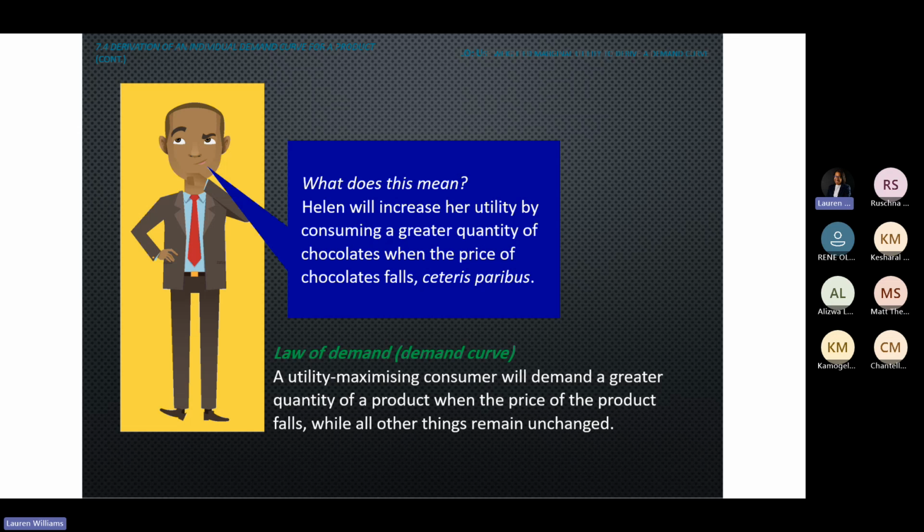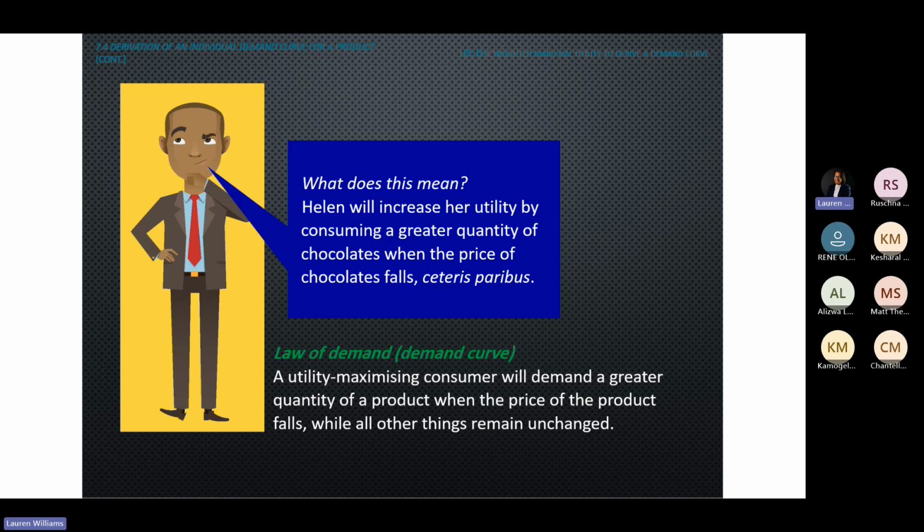Thinking of that in the principle of demand, where we must be willing and able, we also want to maximize our utility. So a utility maximizing customer, who wants to maximize their level of satisfaction, will demand a greater quantity of a product when the price of the product falls and nothing else changes.